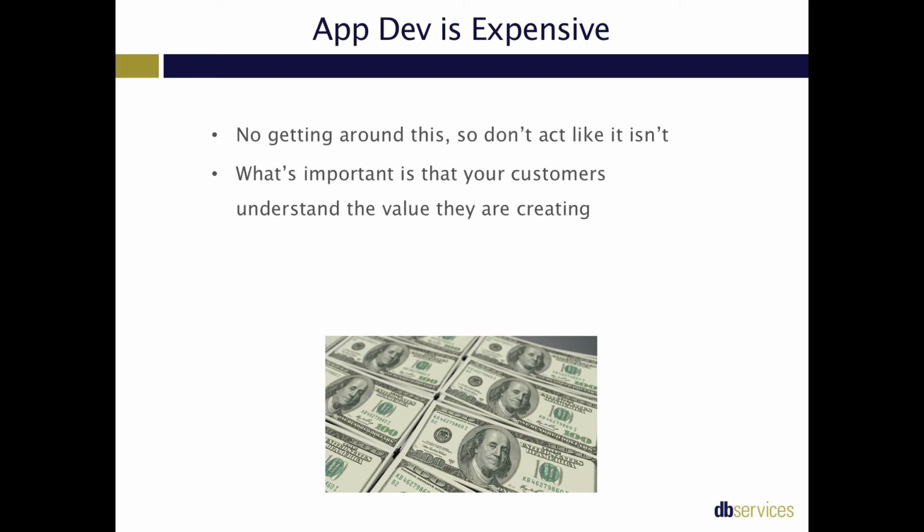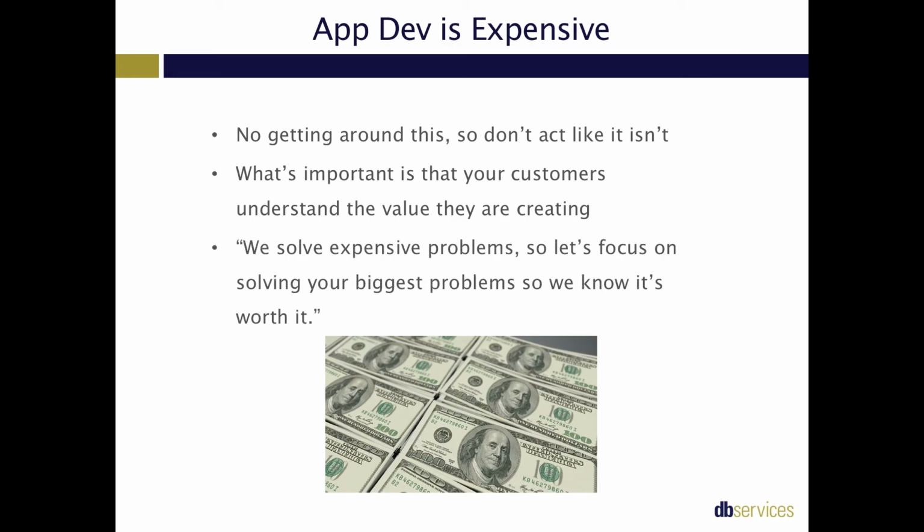So I had a customer who we used to struggle a lot with how much everything would cost. And he would ask me to estimate out these features, and I would do it, and he'd be like, I don't want to spend that much money. It's not that important. So this phrase has saved me a lot of time and effort. We solve expensive problems, so let's focus on solving your biggest problems so we know it's worth it.